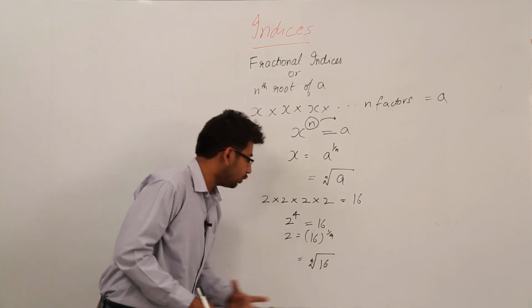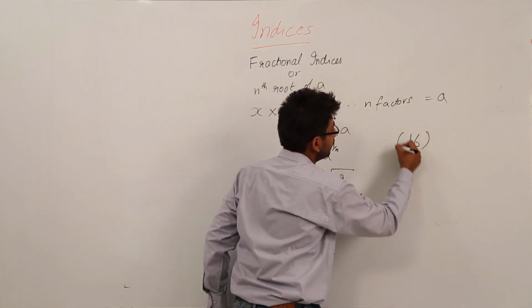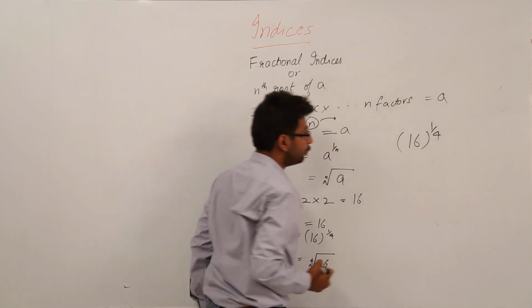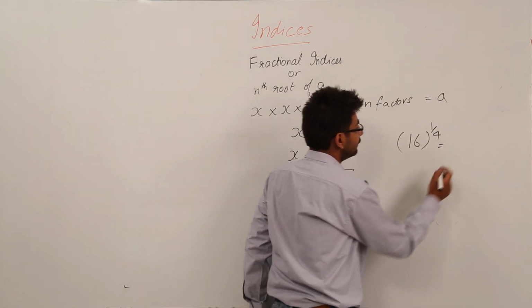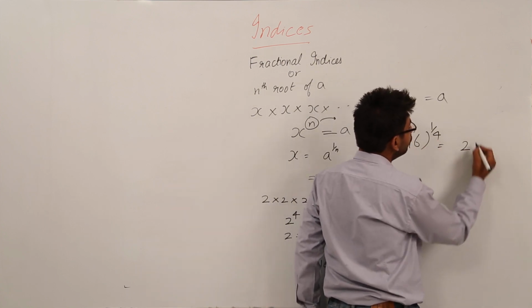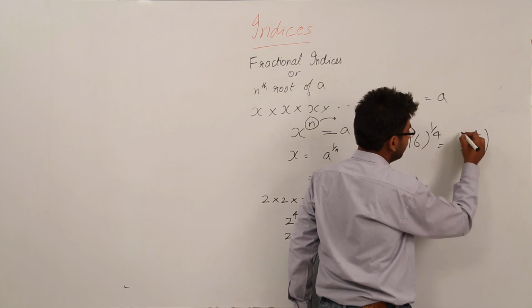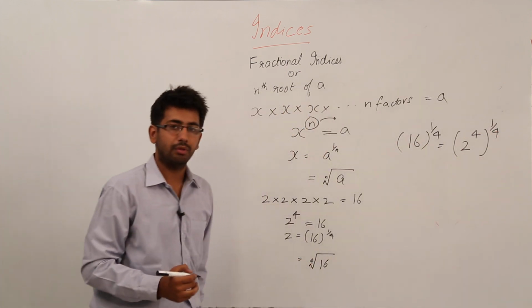Now how do we solve this? When we write this as 16 raised to power 1 by 4, always remember that 16 can be represented as 2 raised to power 4, and outside we have 1 by 4.